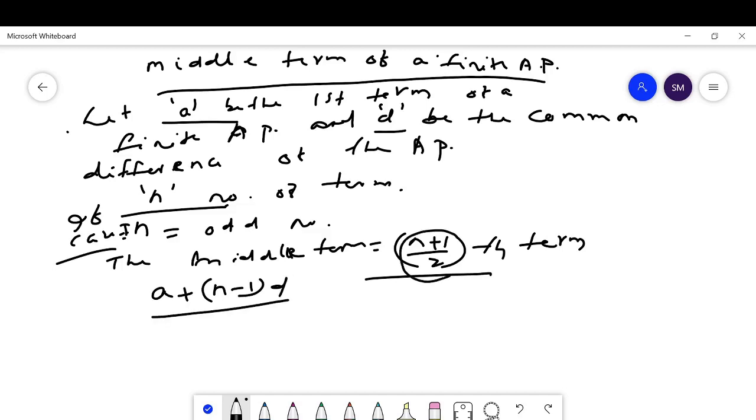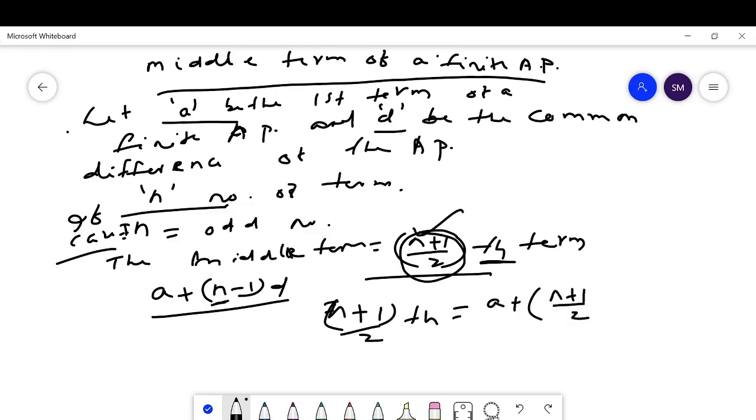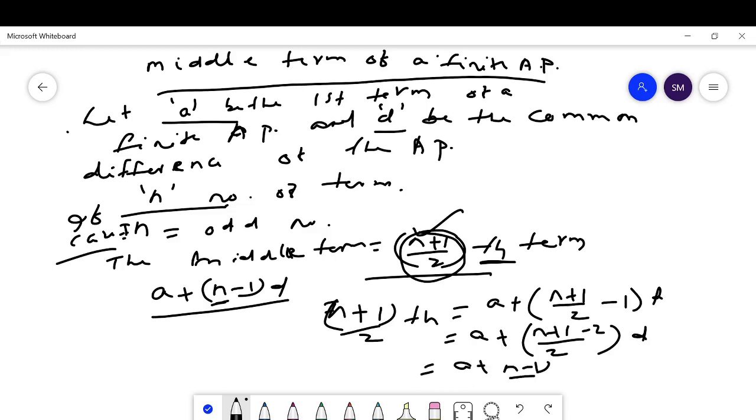In this way, the (n plus 1) upon 2 term can be written as a plus, in place of n we write (n plus 1) upon 2, minus 1, into d, which is equal to a plus, 2 is the LCM, (n plus 1 minus 2) upon 2 into d. This is equal to a plus (n minus 1) upon 2 into d.